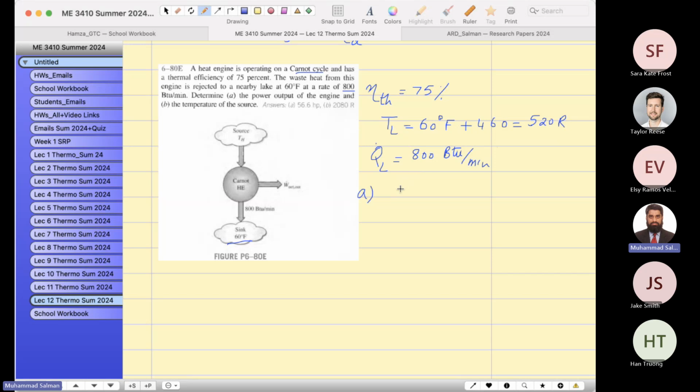We have to find out the net power output. Then find out the temperature of the source.